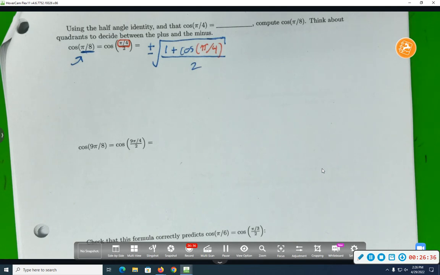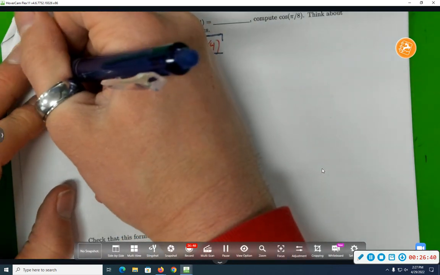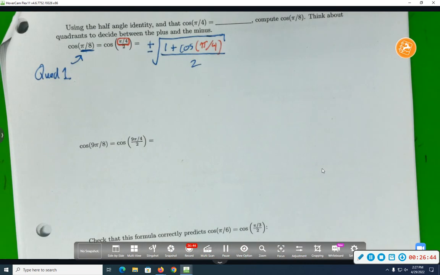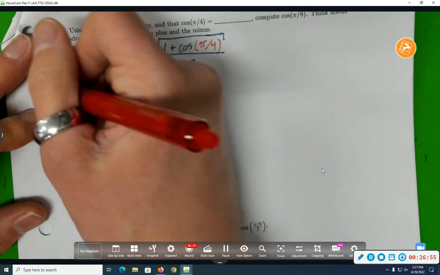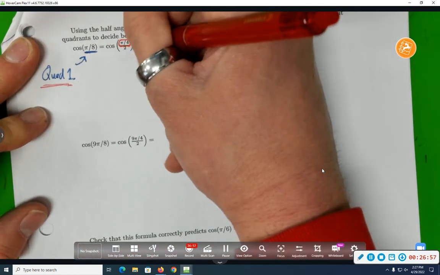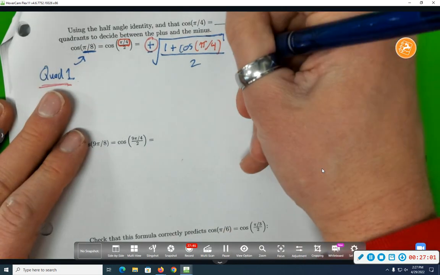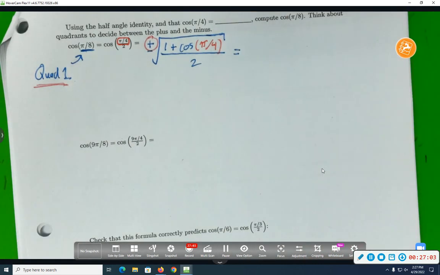Yeah, that seems like it's in quadrant 1. In quadrant 1, is cosine positive or negative? Positive. So cosine of pi over 8 is positive or negative? Positive. Cool. So because this is quadrant 1, that's positive. Cool. All right, so let's carry on from there.